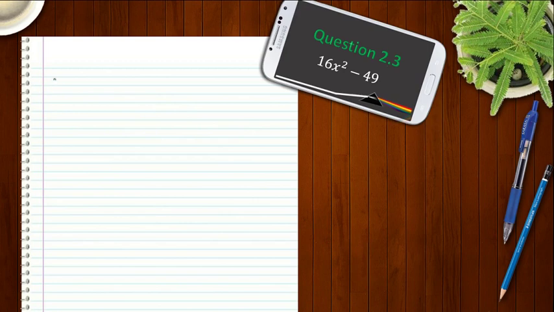Question 2.3, I have two terms, 16x squared minus 49, and I open my two brackets, so plus and minus. The square root of 16x squared will give me 4x, and the square root of 49 will be equal to 7.